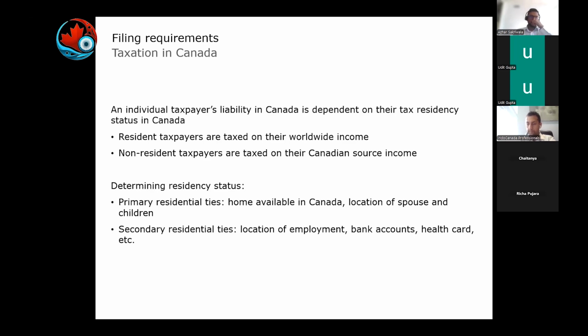To give you an example, let's say a family arrives, a husband and wife with two children. They have obtained their Canadian permanent residency, and they have decided to start their life afresh in Canada. They book a flight and arrive in Canada on 1st April 2024.